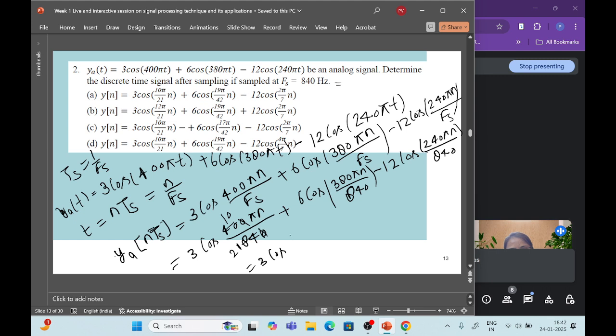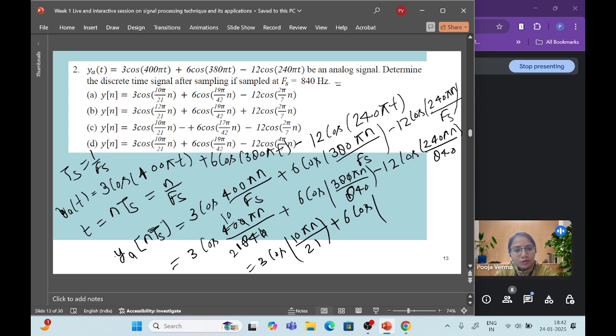What will be left after just cancelling out: 10 pi n divided by 21, right? Plus 6 cos. Here also, if you cancel out these things, what will be left? 19 pi n divided by 42.